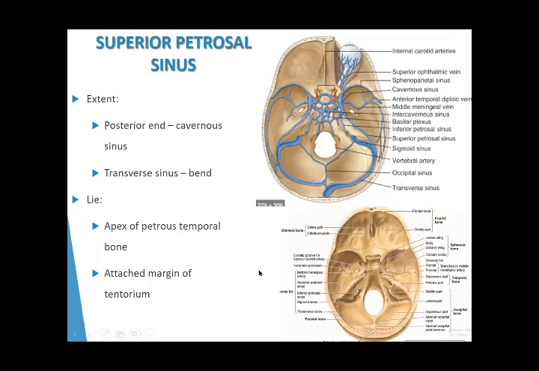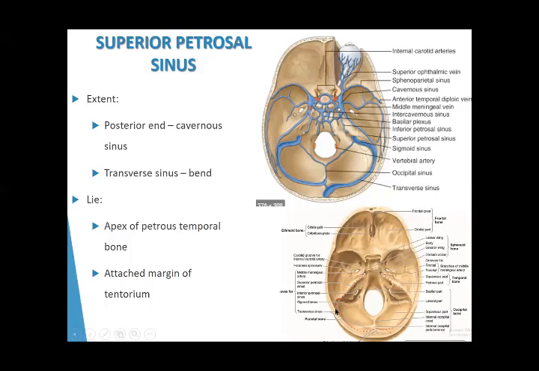So, tentorium cerebelli was attached at the apex of the petrous temporal bone, and it continued posteriorly on the posterior inner aspect of the occipital bone. वो जो ग्रूव था ट्रांसवर्स साइनस के, उसके मार्जिन्स पे ये टेंटोरियम लगा हुआ था. ठीक है. So tentorium contained two dural venous sinuses at its attachment.